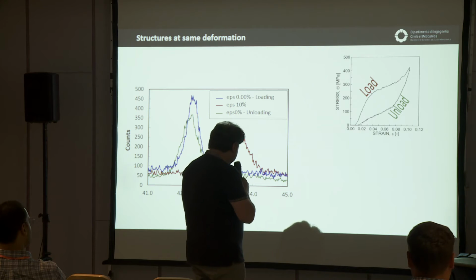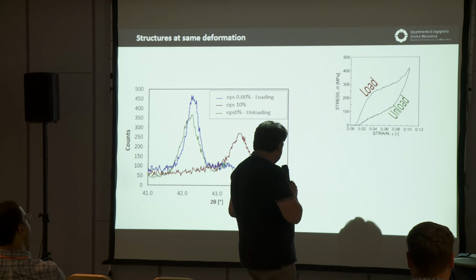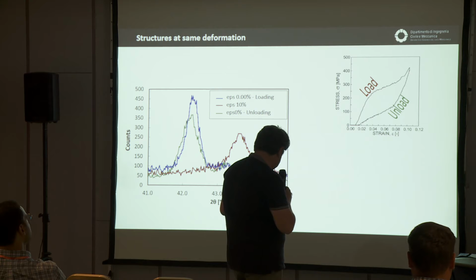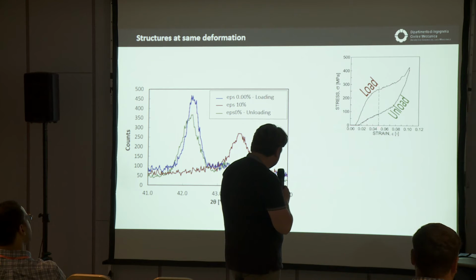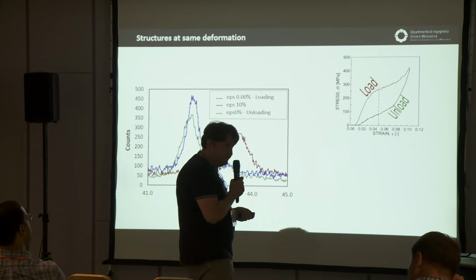So this is the mechanical stress-strain relation in one cycle. And you can see, for example, that at 5% of deformation, we have different levels of stress.